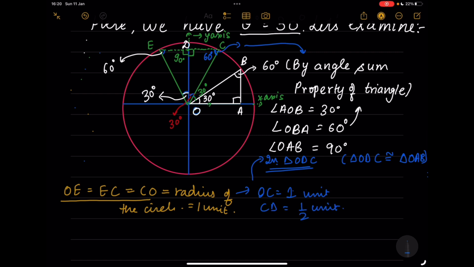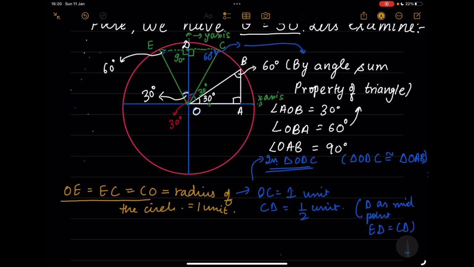Why? Because we have D as midpoint, right? We have already proved these two triangles are equal. So the two triangles OED and OCD are congruent. So ED is equal to CD, and from there D is the midpoint. So CD is equal to half unit.